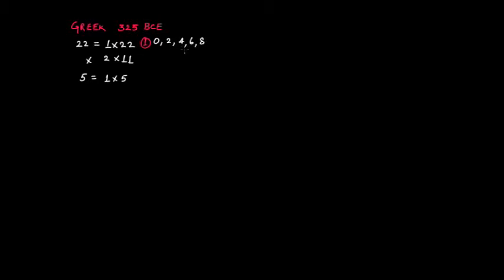Now you should keep some points in your mind before proceeding towards the method. Point number 1 is that if you have any number which has 0, 2, 4, 6 or 8 at the units place, then that number is divisible by 2.